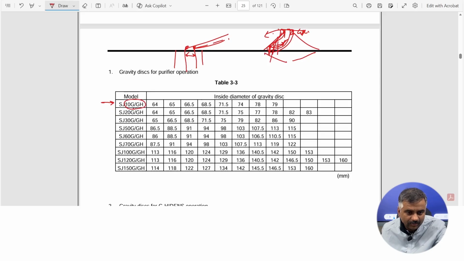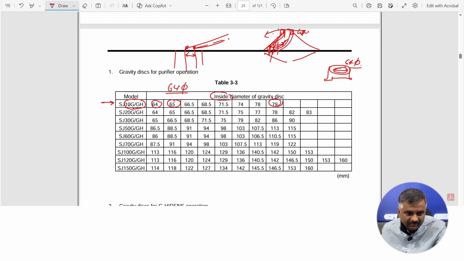For the SJ10 model, we have this set of gravity disks from 64 mm internal diameter, 65 mm, 66 mm, up to 79 mm as the maximum inside diameter.